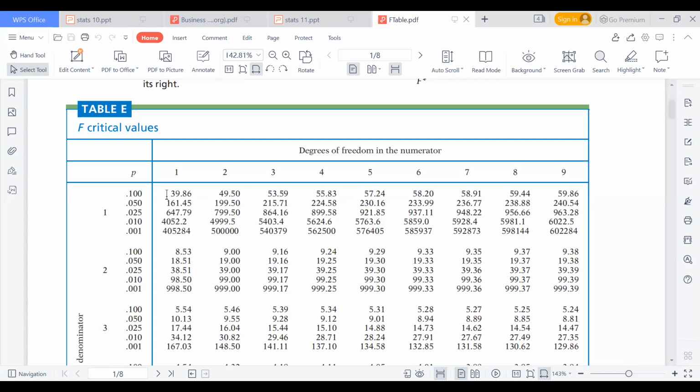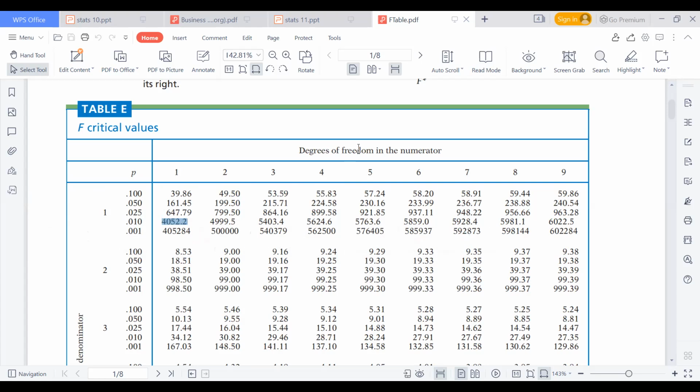So if the degree of freedom of the numerator is 1, the degree of freedom of the denominator is 1, and the alpha of one tail is 0.1, then this will be the critical F.